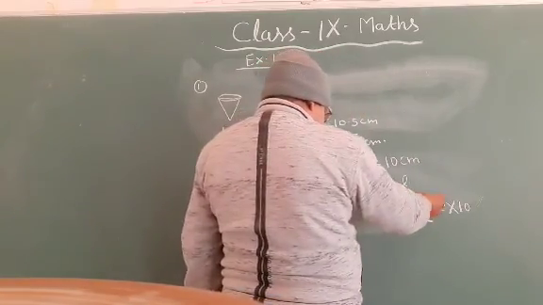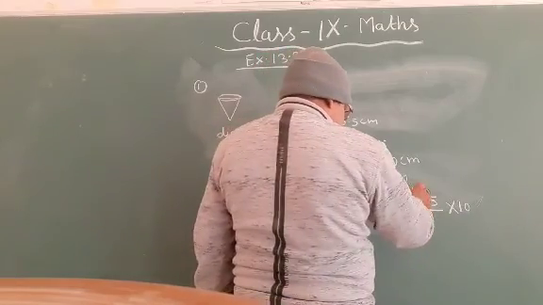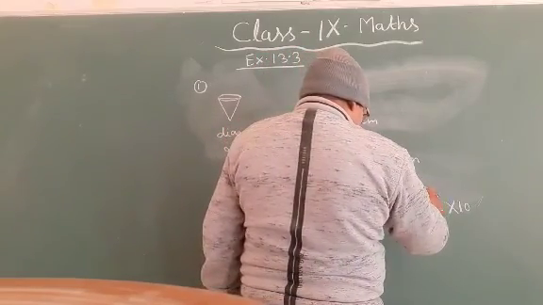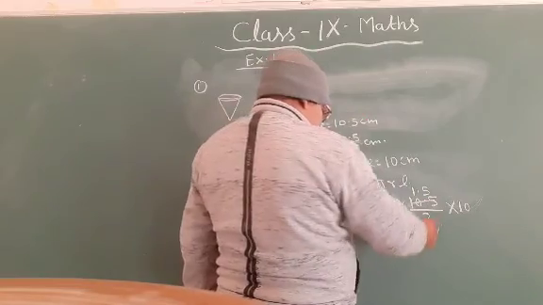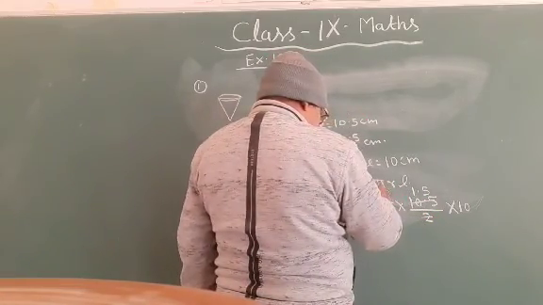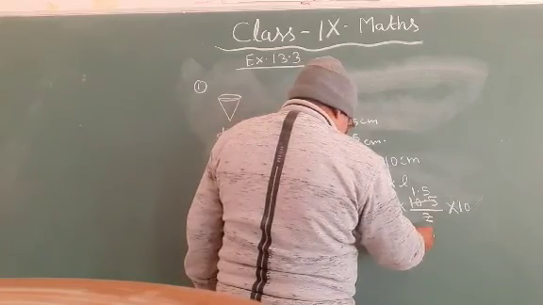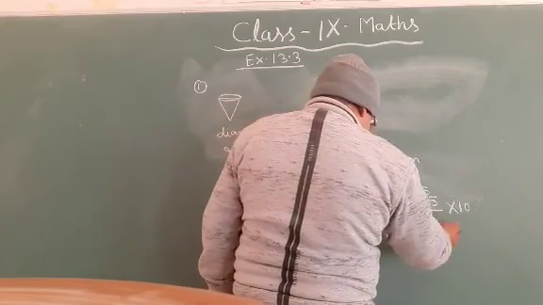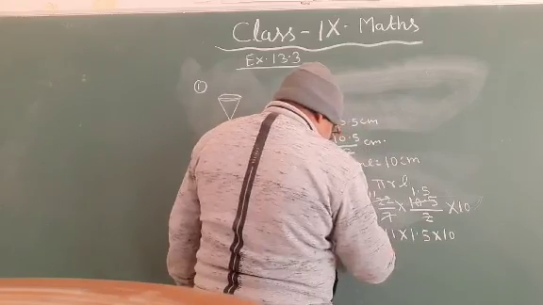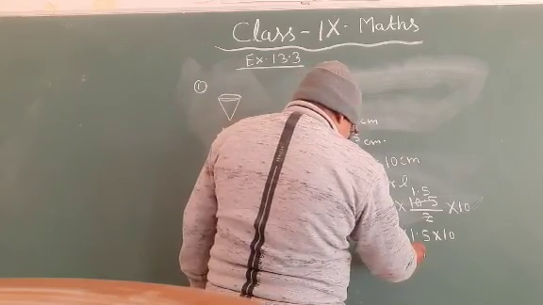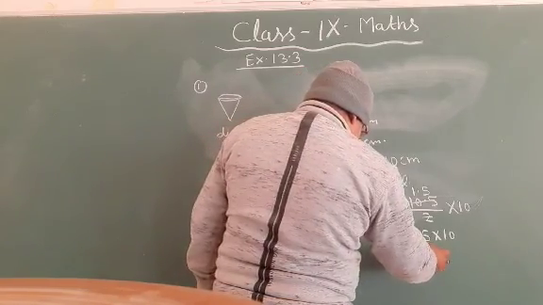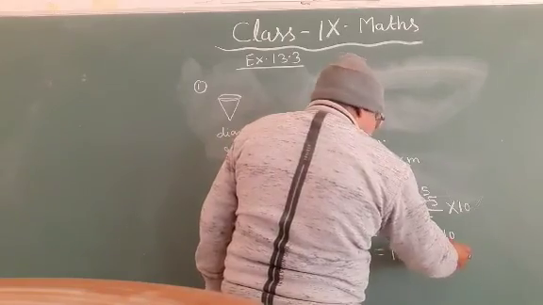So 7 into 1.5 and 2 is 11. So 11 into 1.5 into 10, that's equal to 11 into 15 centimeter square.